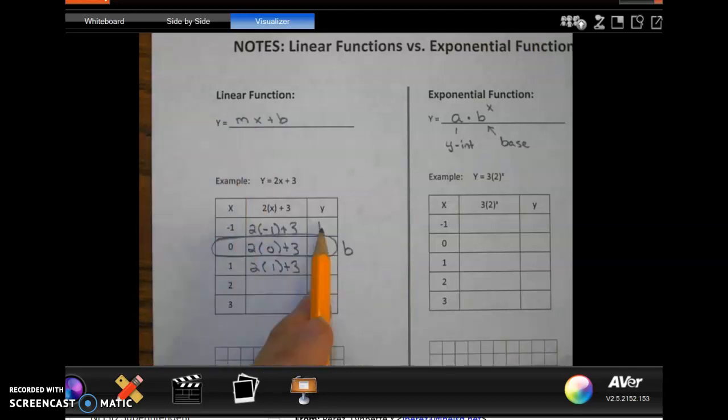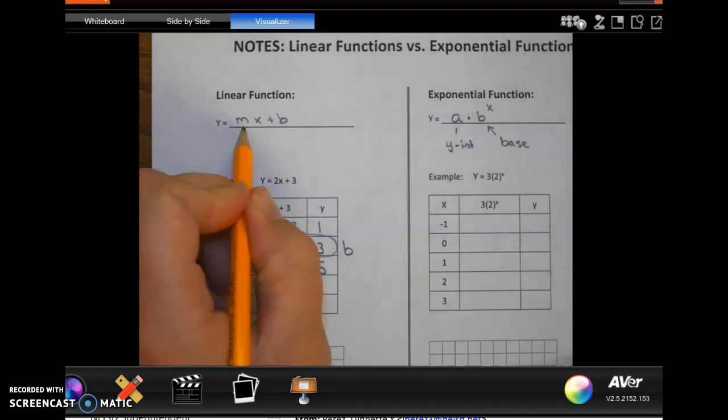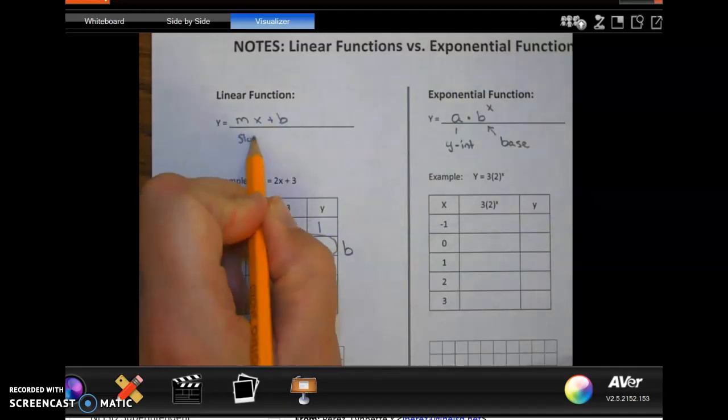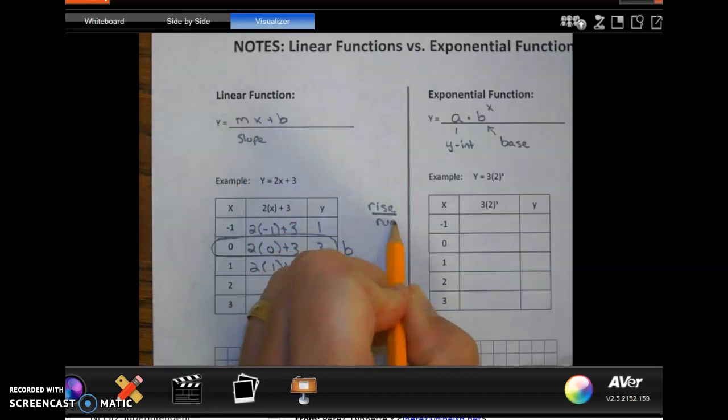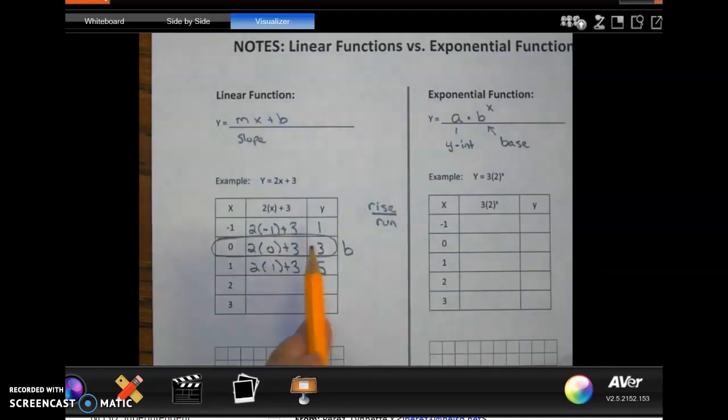So here the change in y is 2, and here the change in x is 1. So recall from Algebra 1 that to find the slope, we do rise over run. So our slope here is going to be +2 over +1.